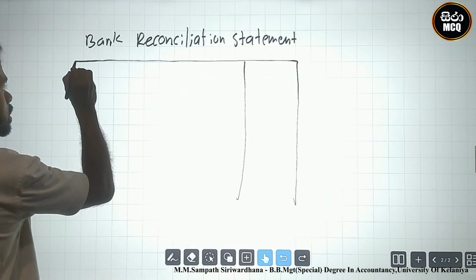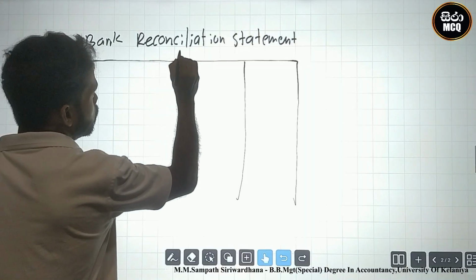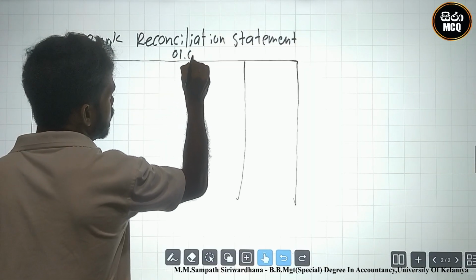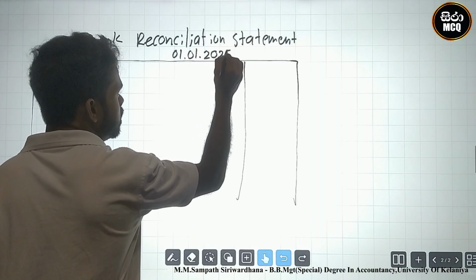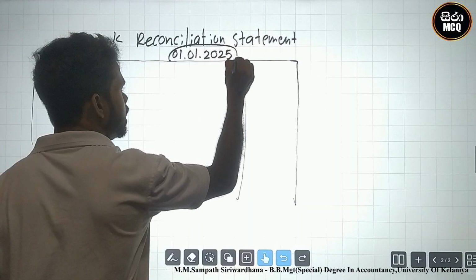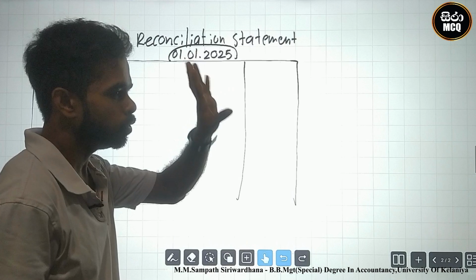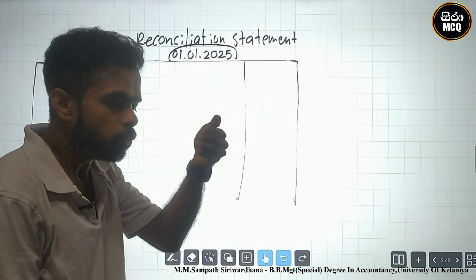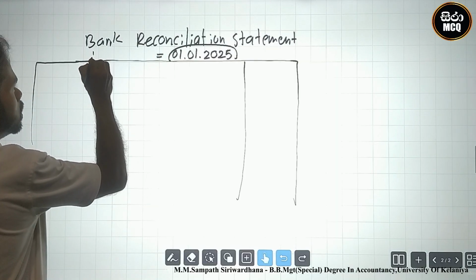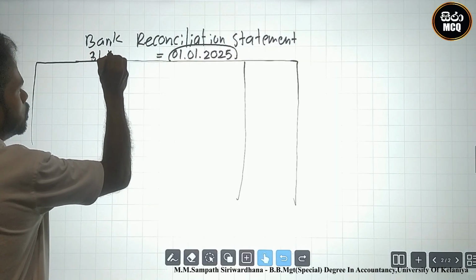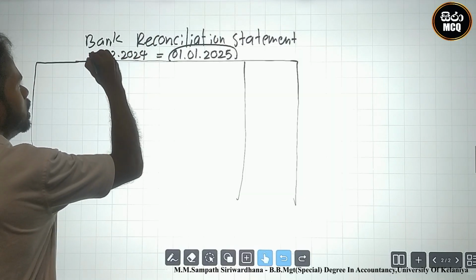Which date? Look here, the date was the opening date. What is the opening date? 1st January 2025. This date is equal to which date? What is the date before 1st January 2025? This is equal to the closing date of 31st December 2024.